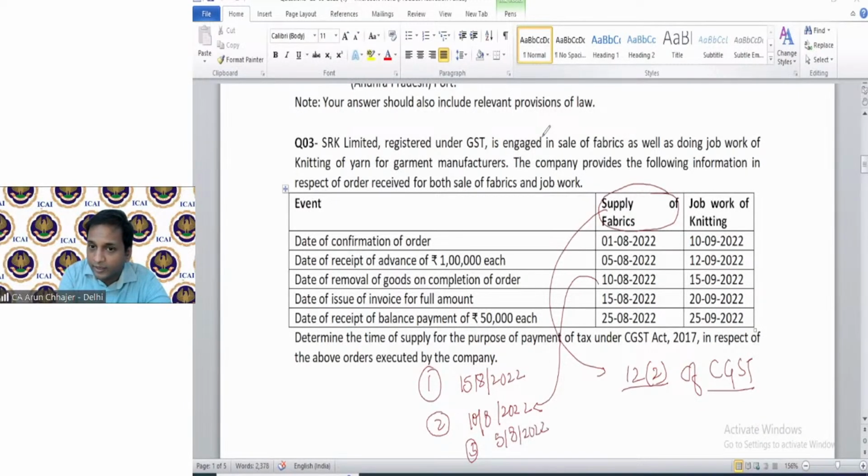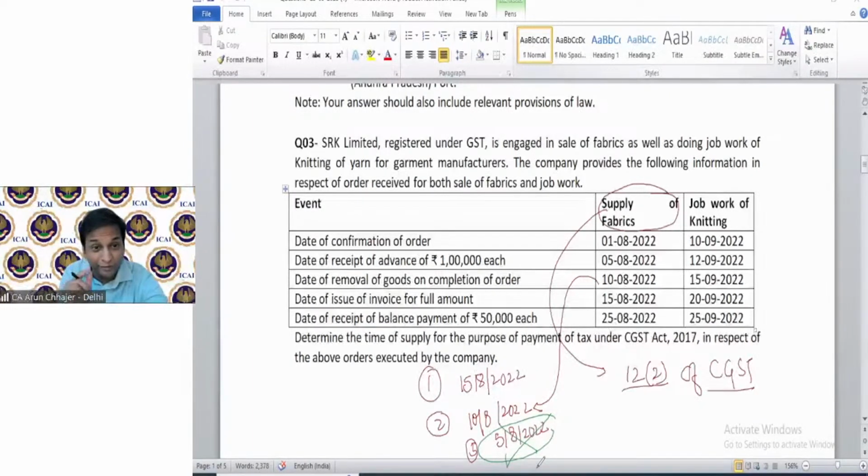But point to be noted, this clause B is made redundant from 15th November 2017, partially in October 17, and almost completely in November 17. Meaning thereby, when we are calculating the time of supply for goods for forward charge for a regular dealer.